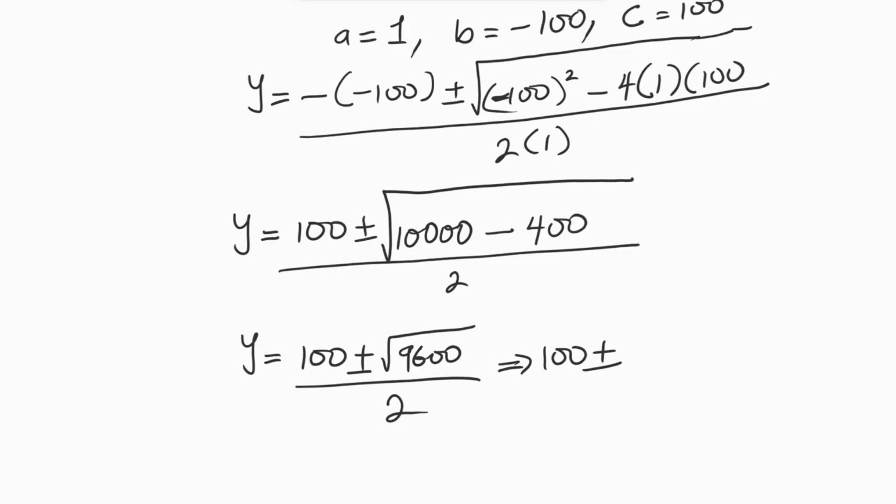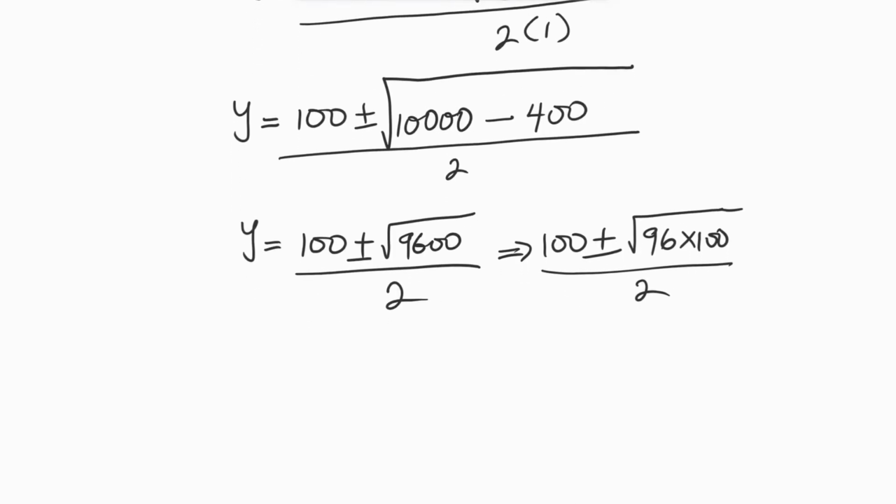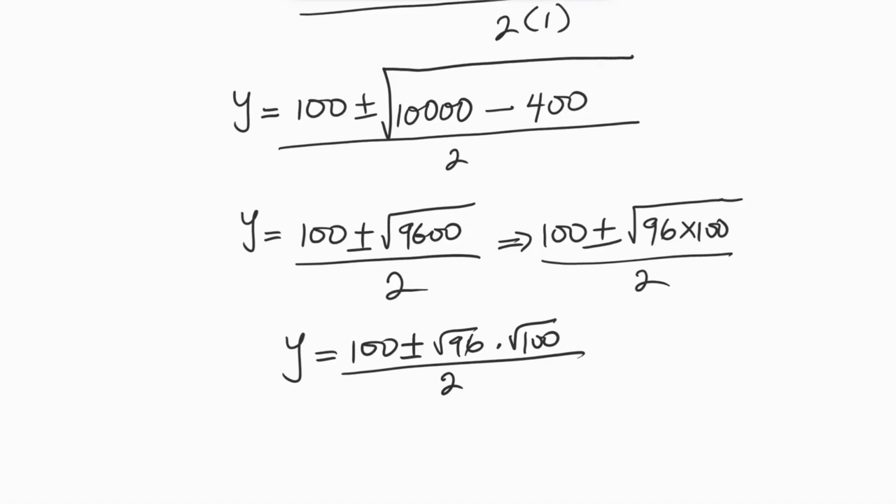So we have square root of 96 times 100. Okay, this is a simpler form. It's simpler to represent 9600 as 96 times 100 divided by 2. Now, y is equal to 100 plus or minus square root of 96 times square root of 100 divided by 2.